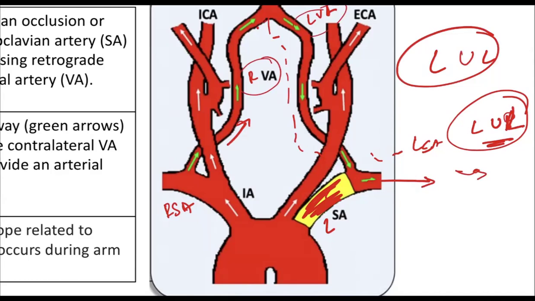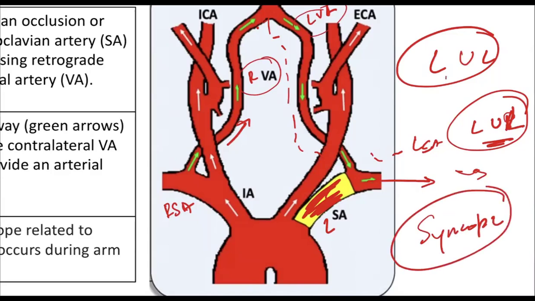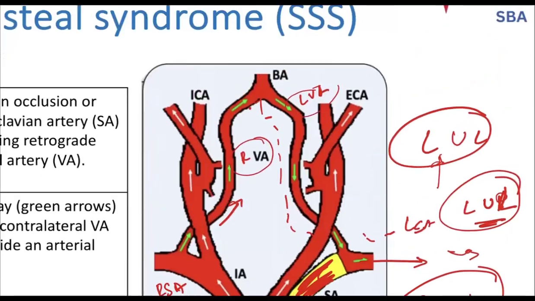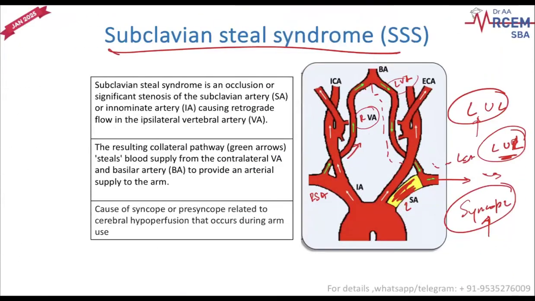If blood supply to the brain is reduced, you'll have a syncope. So the classical history is, whenever I use my left upper limb, I have a loss of consciousness. Whenever someone presents with that classical history, think of subclavian steal syndrome. Nothing can be done in the emergency department. You will be referring to the vascular surgeons.